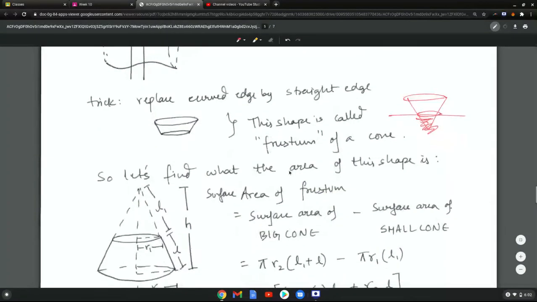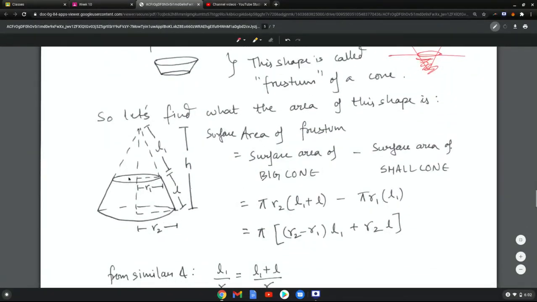So let's find the area of this shape. Now, the frustum is characterized by two radii, the small one and the big one. Let's say I call the slant height of the frustum L, and then every frustum is associated with a cone that it has been cut out of, which is marked by the dotted line here.